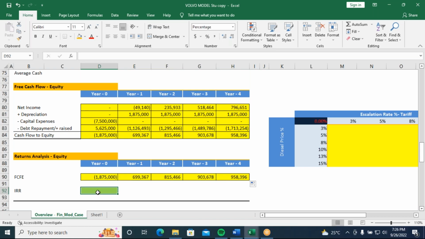Now I'll put the function IRR is equal to IRR, open the parenthesis and select the free cash flow for equity value from year 0 to the fourth year. So IRR will be 26.73.